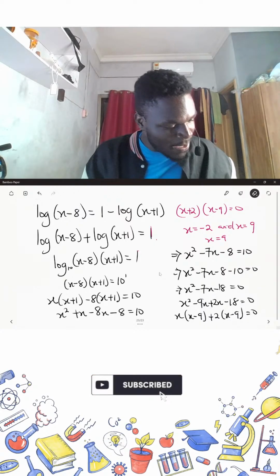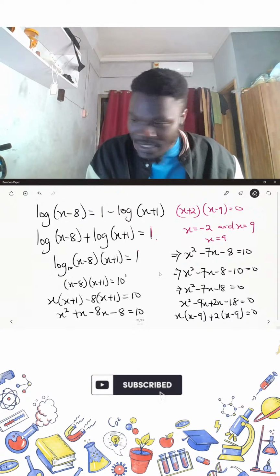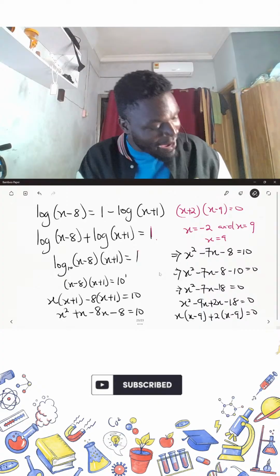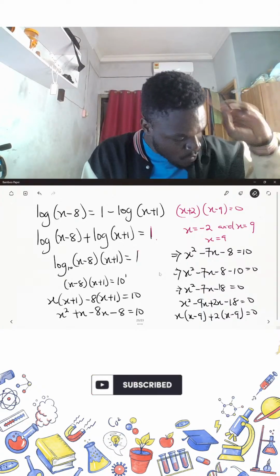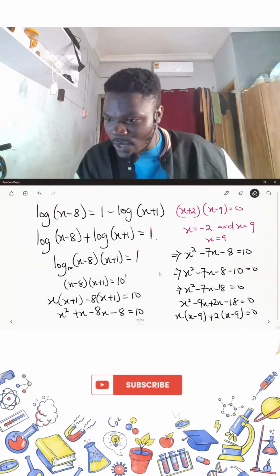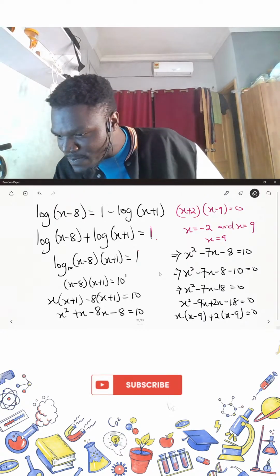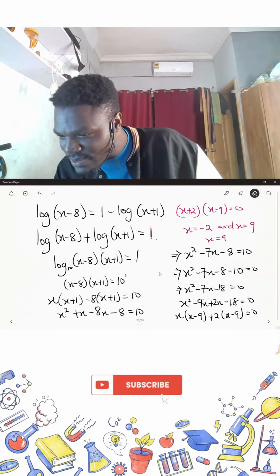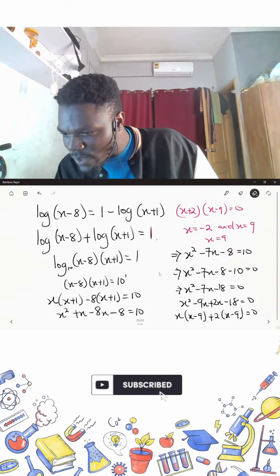So guys, let's have a look at one final question for today. A final one, and then we'll bring the stream to an end. Okay, so Vishal is saying we can also use our simple mind by checking the value of log, putting the options into the equation, because value can't be negative in expression.